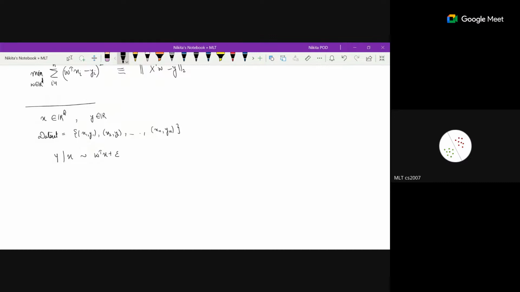W is a parameter, something that we wanted to estimate, right? And what is epsilon here? Epsilon is the error term, which follows a normal distribution with mean zero and variance sigma square. This is the linear regression problem in the probabilistic view.